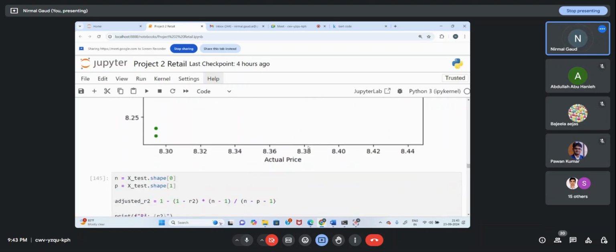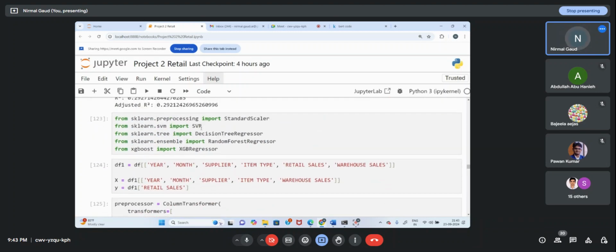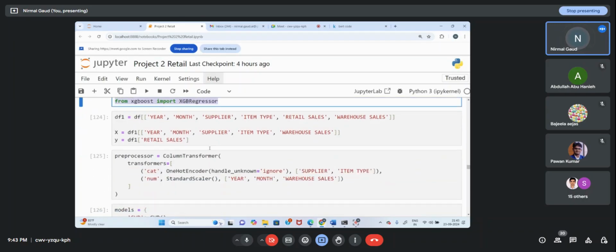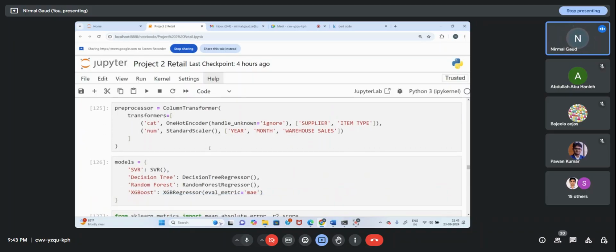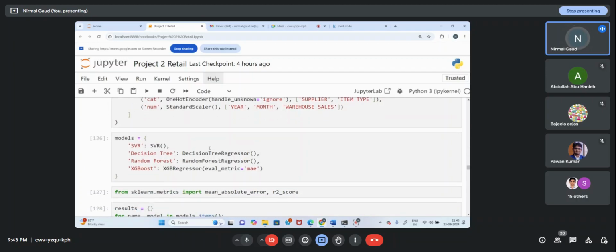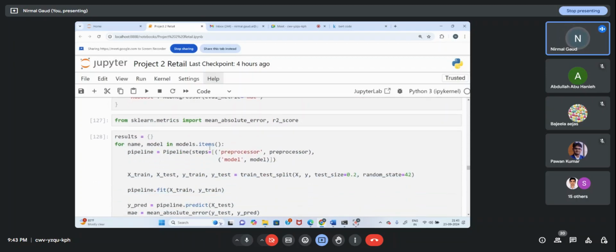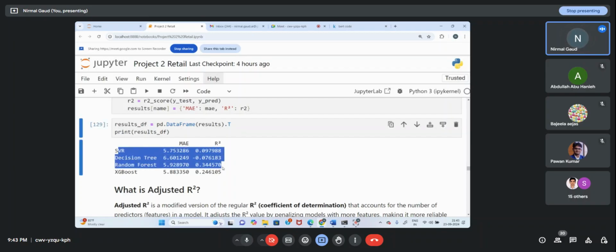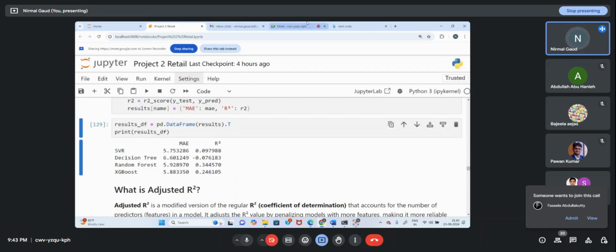Then I have used all the rest of the regressors: SVR, decision tree, random forest, XGBoost regressors. These are the results which we got after using the rest of the regressors.